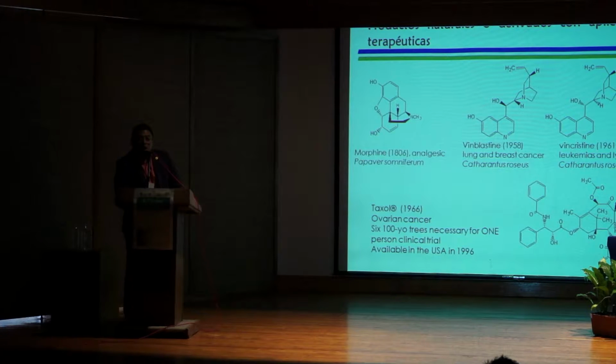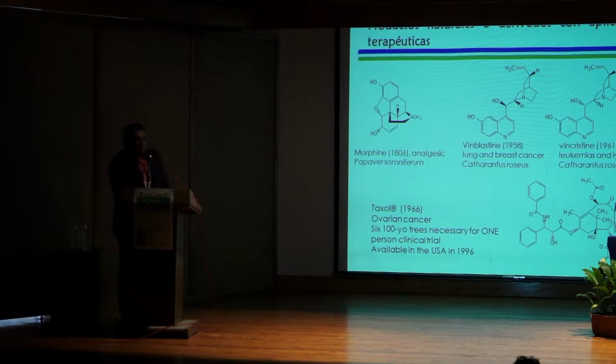All of them are drugs that have been widely used in cancer therapy, and also for the treatment of pain. And all of these metabolites have been isolated from plants.